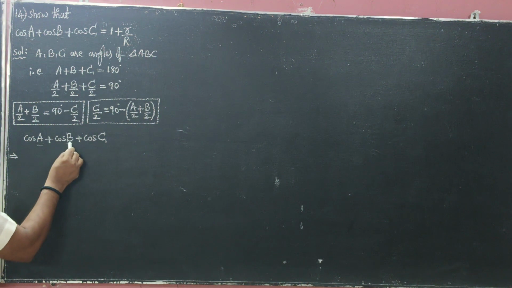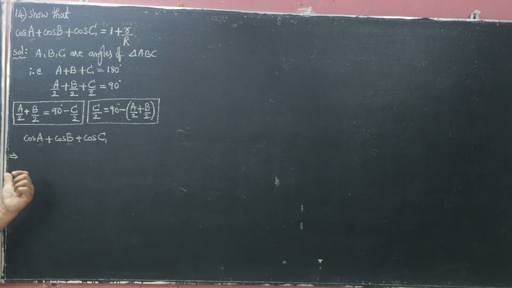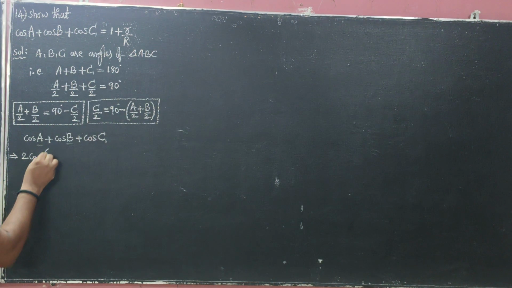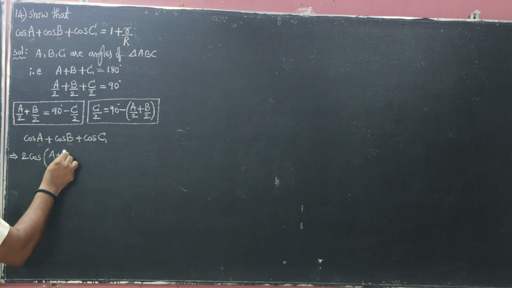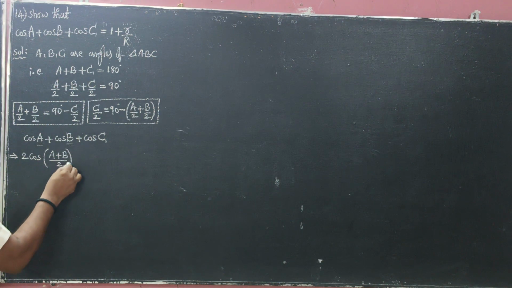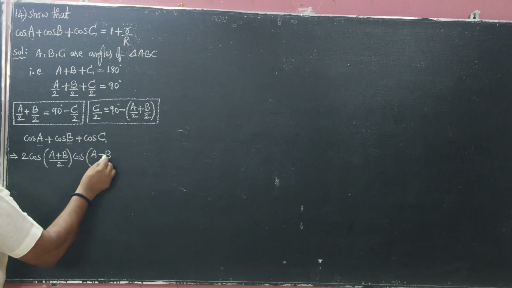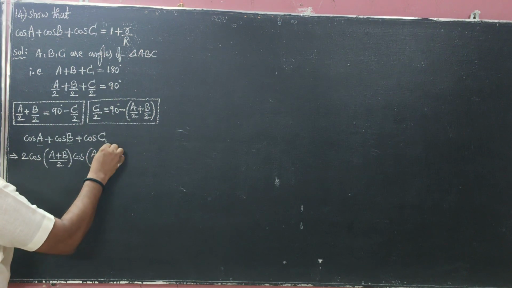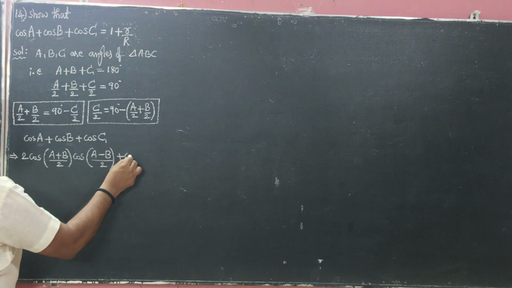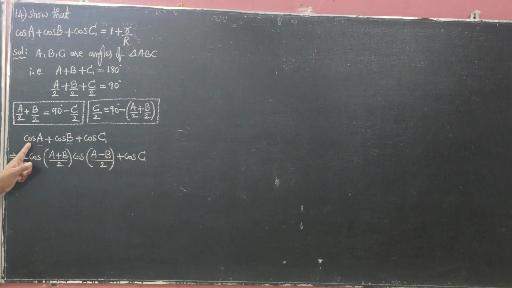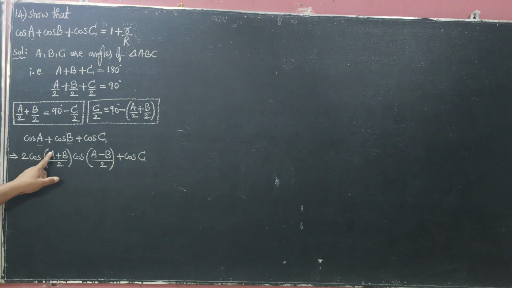Let A be taken as C and B be taken as D. Using the cos C plus cos D formula, 2 cos of (C plus D) by 2 into cos of (C minus D) by 2, where C value is A and D value is B. The last one, cos C, stays as it is.